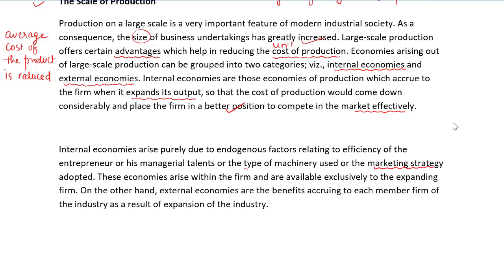These economies arise within the firm and are available exclusively to the expanding firm. On the other hand, external economies are the benefits accruing to each member firm of the industry as a result of expansion of the industry.